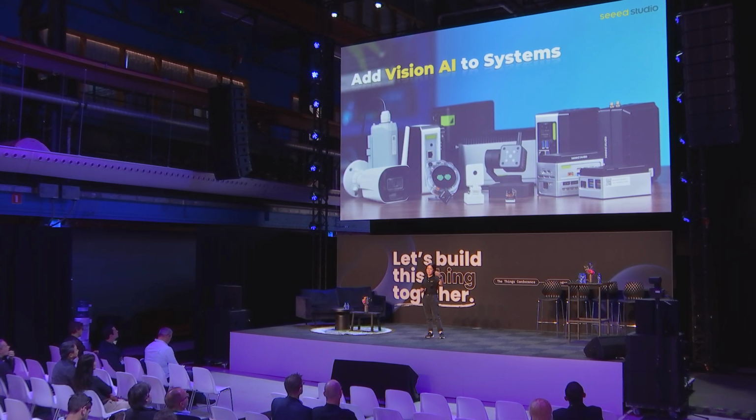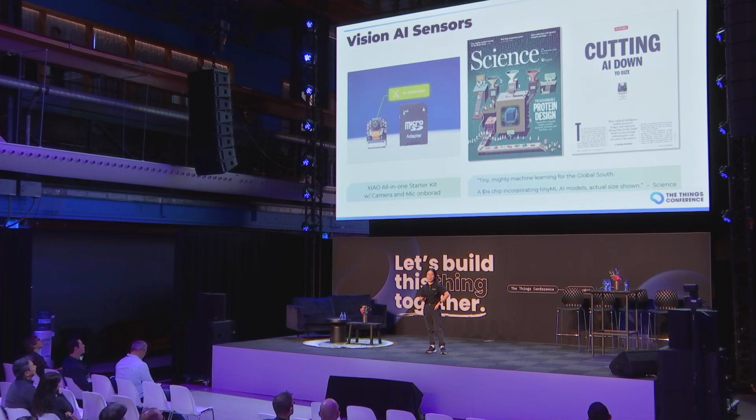So based on those two aspects, making it easy, like seamlessly, and also effortlessly and flexibly, I would like to take some examples and tell you about how we can add AI to different systems. For example, Vision AI. For Vision AI, we have this little product.